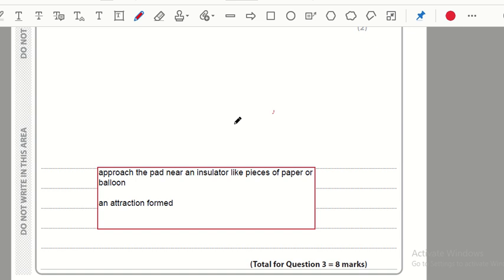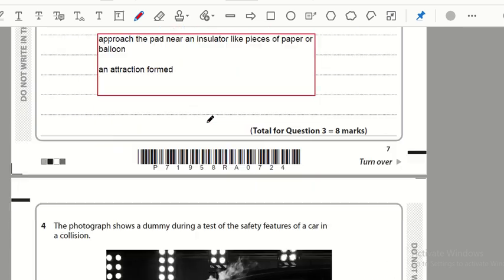We can approach the pad to an insulator like a piece of paper or a piece of plastic, and there should be an attraction because as the sponge pad is charged negatively, and for the plastic it is neutral, so it is less negative than the pad. We can represent it as positively charged, so there should be an attraction between both.